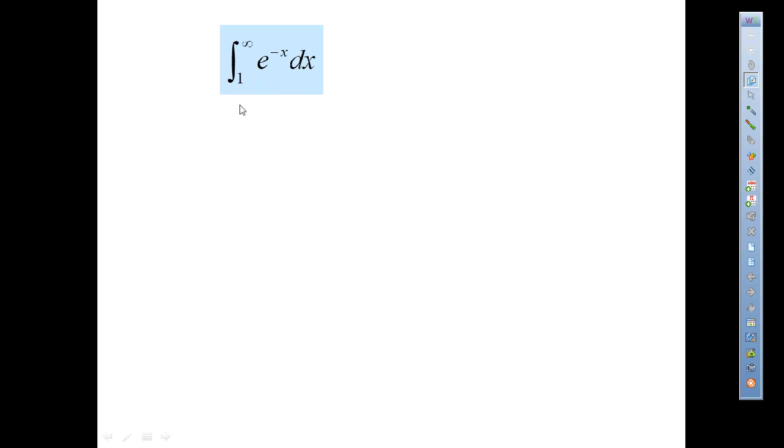So if we were to integrate this, we of course are going to have to do it with improper integration. Put our b in, take the limit as b approaches infinity of negative e to the negative b minus a negative e to the negative 1.